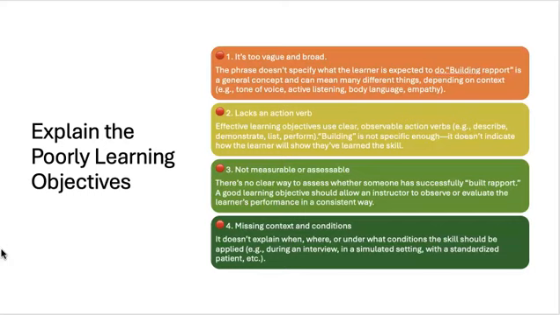Usually your action verb is right after the learner will be able to, and that's where that verb fits in perfectly. If the verb or the learning objective is not measurable or accessible. If it is missing context and conditions. We want you to be able to design and write excellent learning objectives.